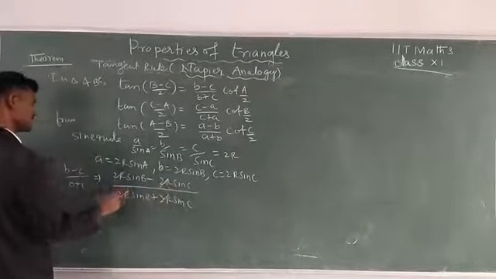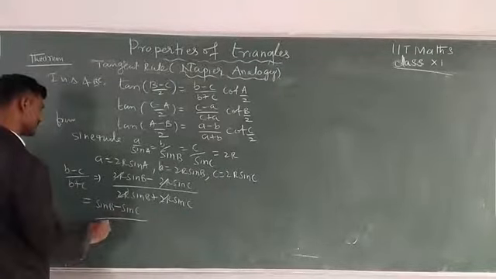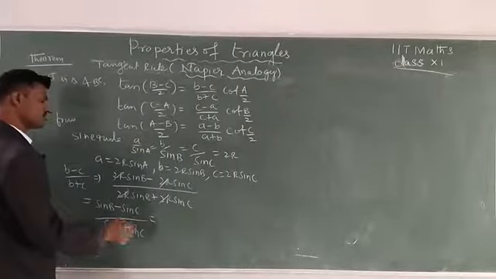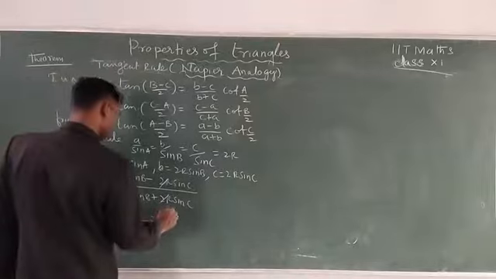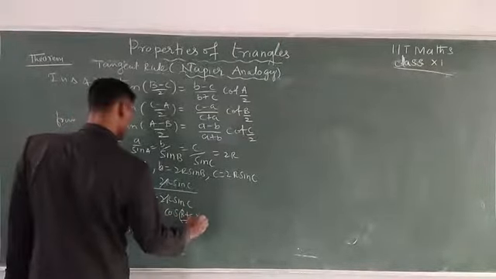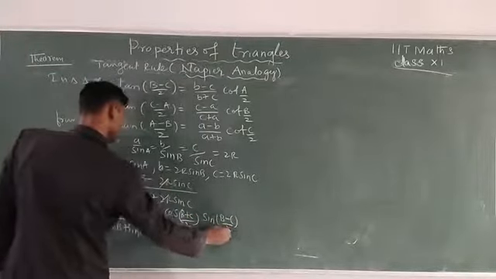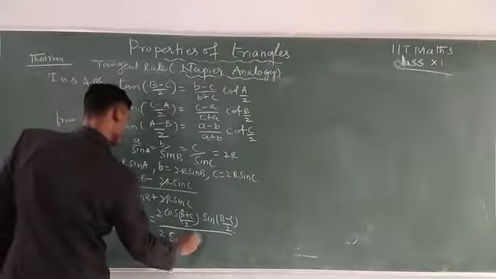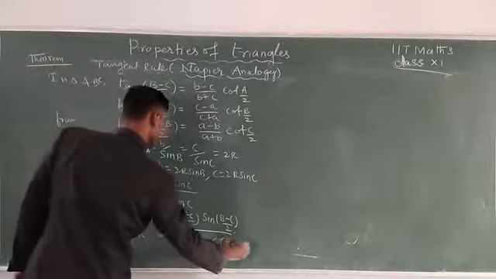Here 2R cancels. Then this is written as sin B minus sin C by sin B plus sin C. Now you know that sin C minus sin D is written as 2 cos (C plus D)/2 sin (C minus D)/2. That means here 2 cos (B plus C)/2 into sin (B minus C)/2 upon 2 sin (B plus C)/2 into cos (B minus C)/2.